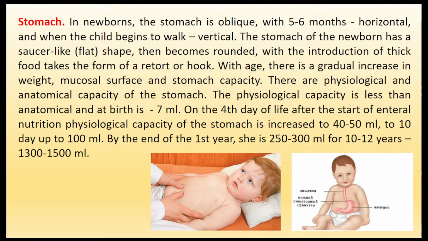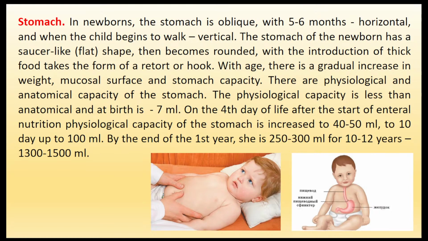Physiological capacity 7 milliliters at birth, and you must remember about it because just one feeding volume of mother's milk in this period is only 7 milliliters just after birth. You study baby's feeding and remember about it.